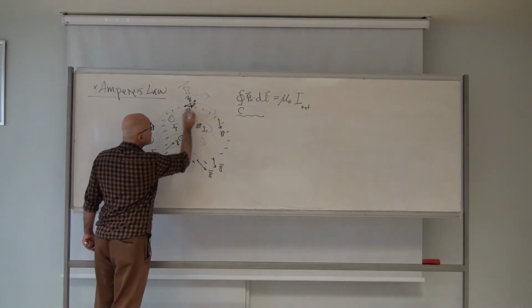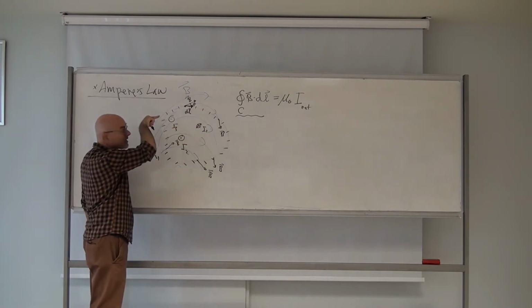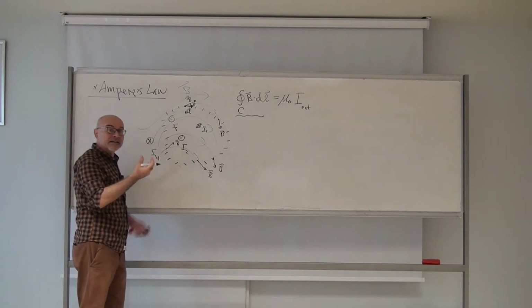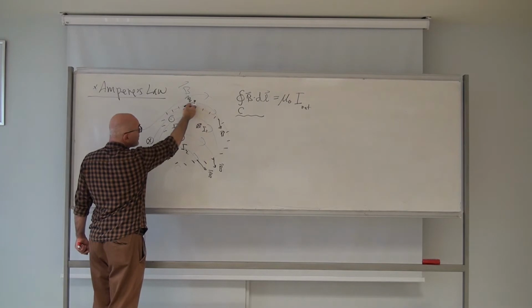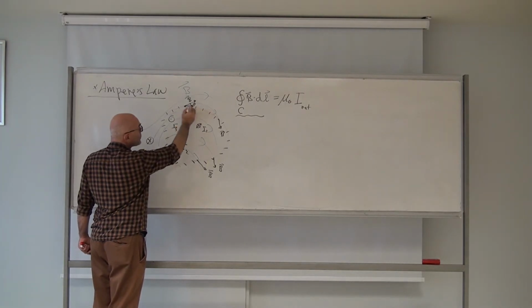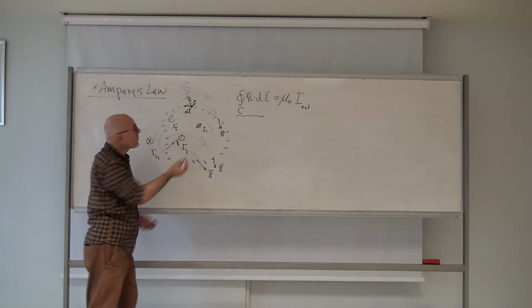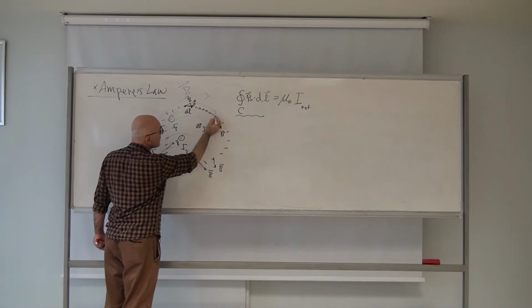Now, note that when I put a dl here, showing it as a vector, I'm defining a given direction, because this dl could have been chosen the other way. Why take dl this way? Why not this way? It's up to you. If I take this dl this way, then this dl is also this way, and this dl is this way.